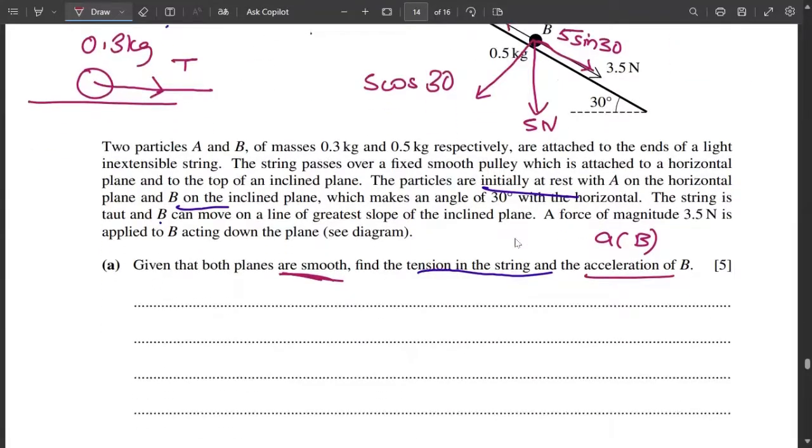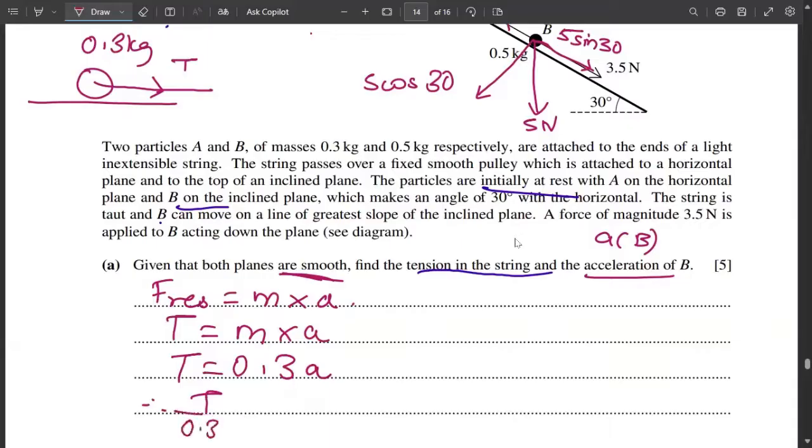We all know that F resultant is equal to mass into acceleration, and here F resultant is only tension. So tension is equal to mass into acceleration, so tension is equal to 0.3a. Therefore, tension over 0.3 is equal to the acceleration of A. This was for A. We'll go with B now.